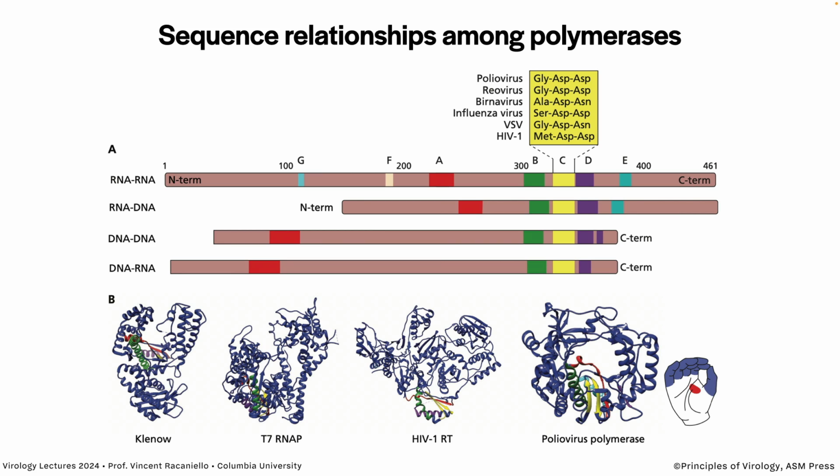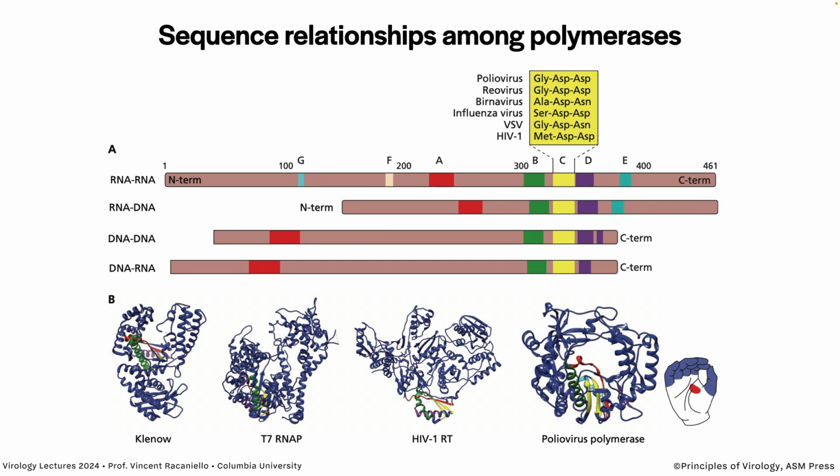And this T7 RNA polymerase is DNA-dependent RNA polymerase, the one that makes messenger RNAs. So these are the 4 classes of nucleic acid polymerase: RNA-RNA, RNA-DNA, DNA-RNA, DNA-DNA. As far as we know, there aren't any others.